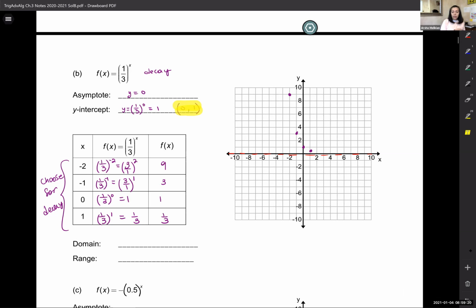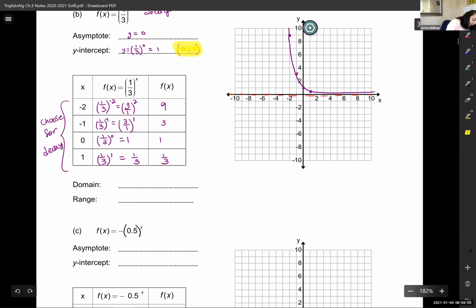Okay? We're not sending anyone to the moon with these, so they don't have to be NASA precise, but it has to be in that vicinity. All right, and now decay looks like this, and you have to follow the asymptote. Okay? All right, questions?